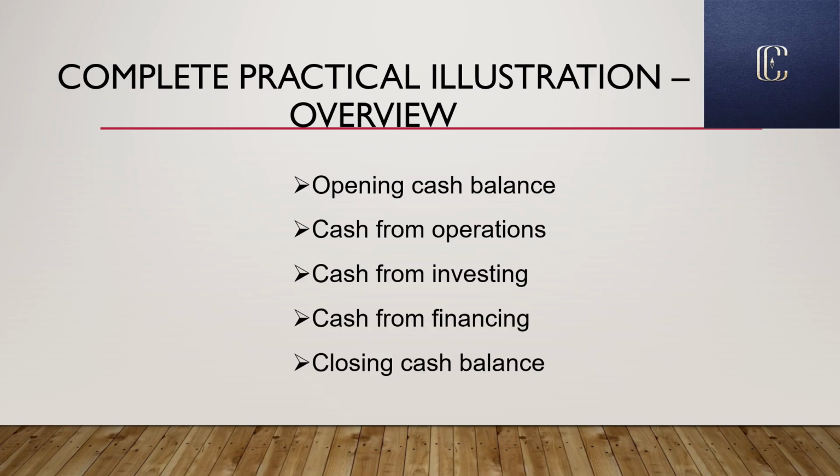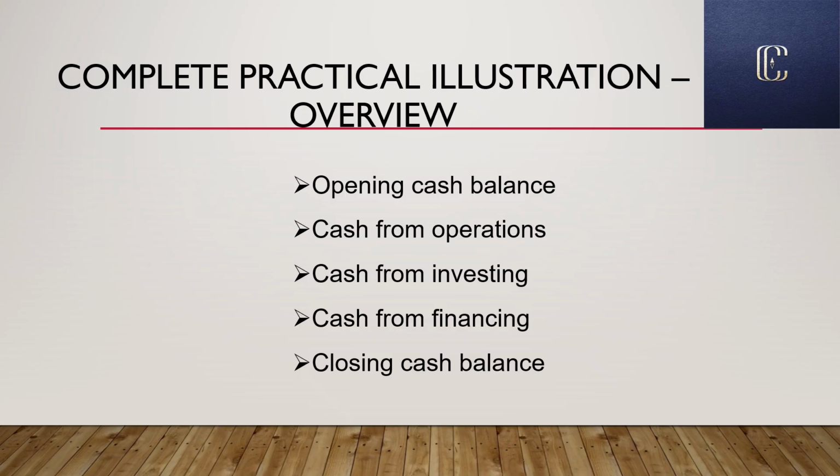The complete practical illustration overview. Assume the company starts the year with opening cash of 1 lakh. The cash from operations, or the cash the business earns through operations, is rupees 2,50,000.